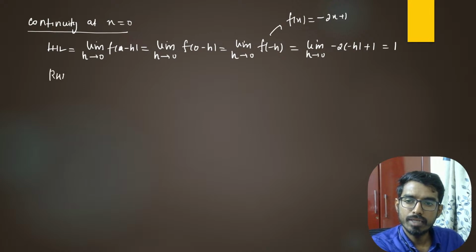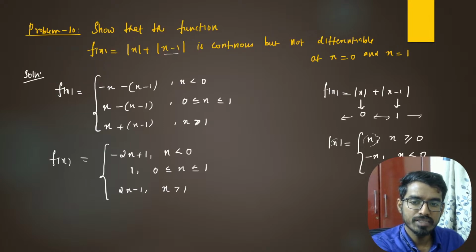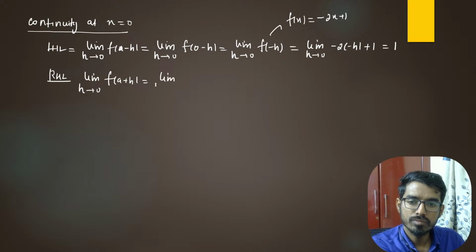Now you find RHL, limit h tending to 0, f of 0 plus h. So it is a constant function, so it is always 1. Now what is f of 0? f of 0 is here, which is again 1.